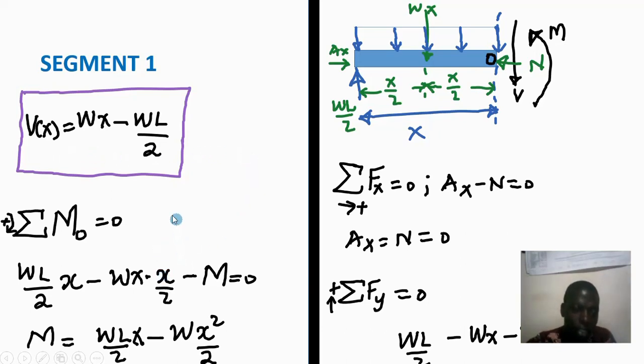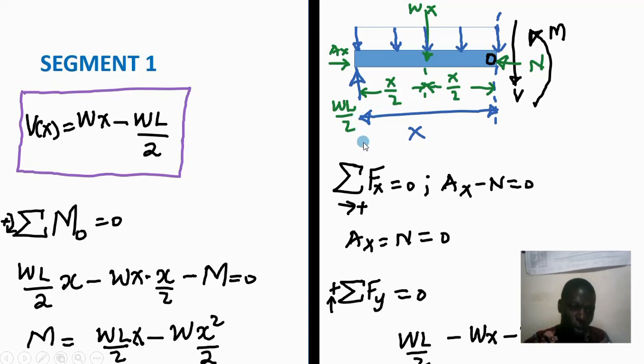Therefore, having determined that shear force expression, we need to also determine the bending moment. The sum of bending moments must equal 0, taking the clockwise moments to be positive. We are taking moments about this point.